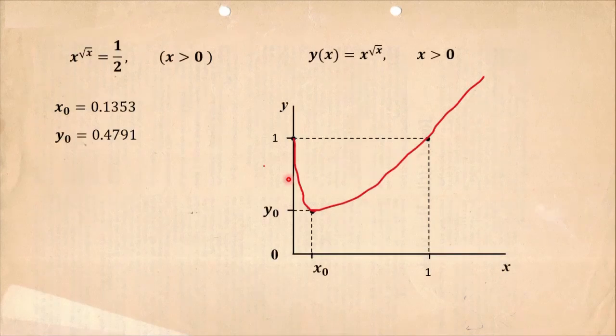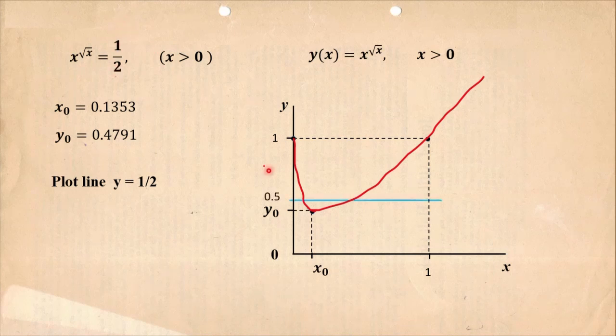To do this, we plot the line y equal 1/2, which represents the right-hand side of this equation, and the points of intersection of this line with the plot of the function will give us the roots which we are looking for.